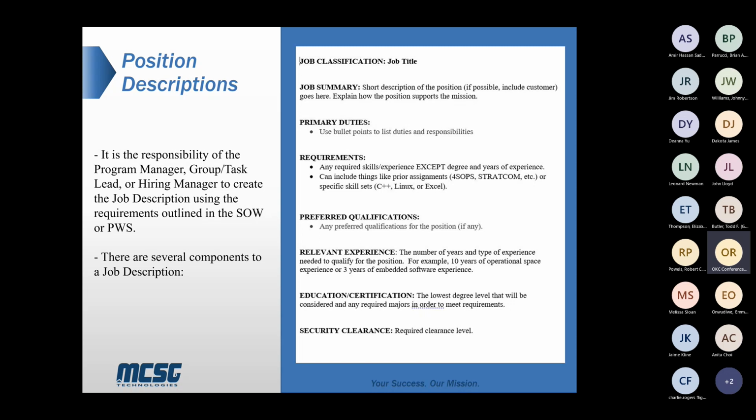Something that we're going to start doing is, anytime we get a new position, we are going to do a tag team meeting with that group lead. So for instance, if Deanna pulls out a position and she sends it to the recruiting team, we're going to want to meet with Deanna for maybe 10, 15 minutes, get her take on the role, talk about where we might find some good candidates, where she might have seen candidates with this type of experience.